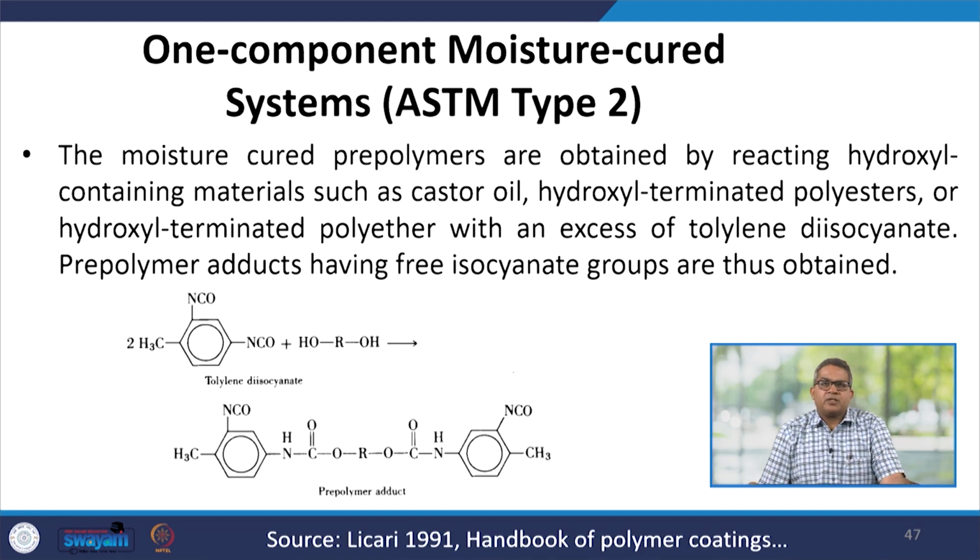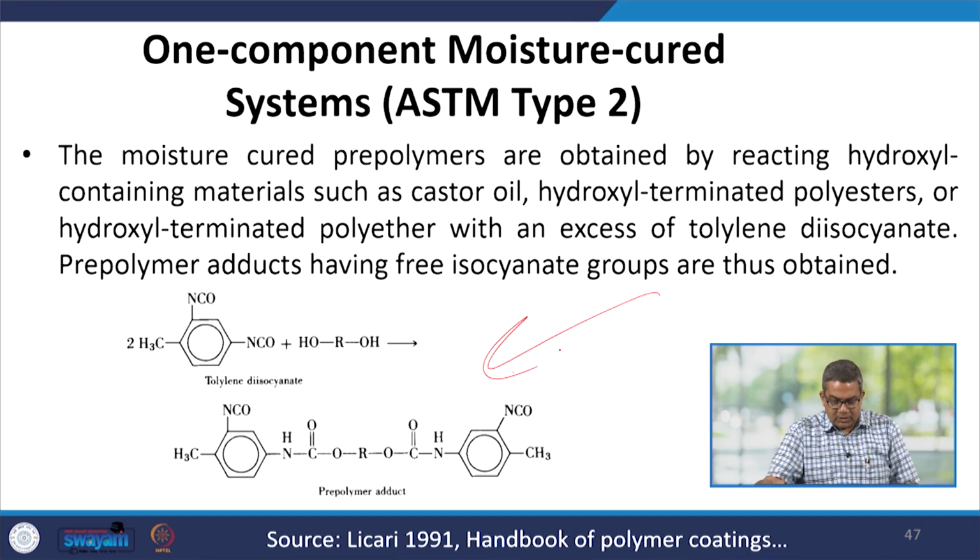Another type of system is the one component moisture cured system, ASTM type 2. The moisture cured pre-polymers are obtained by reacting a hydroxyl containing material such as castor oil, hydroxyl terminated polyester or hydroxyl terminated polyether with an excess of toluene diisocyanate. Pre-polymer adducts having free isocyanate groups are then obtained.